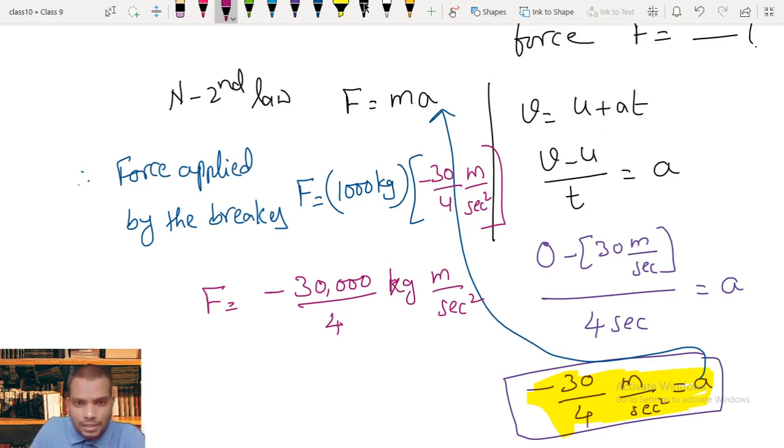If we cut it here, 4 in 30, roughly it becomes 7,500. So the force applied by the brakes, F equal to minus 7,500 newtons.